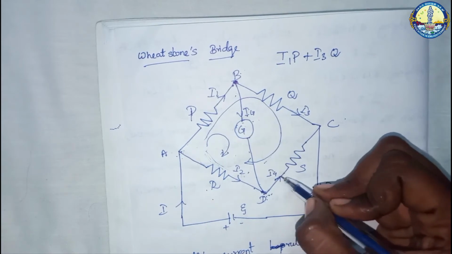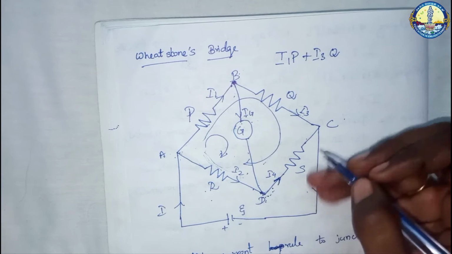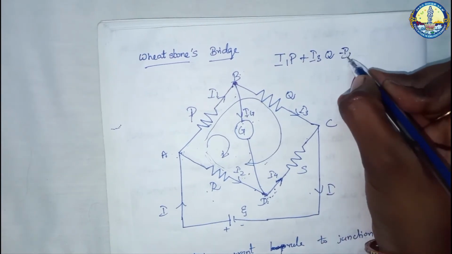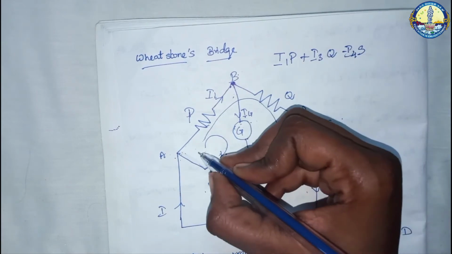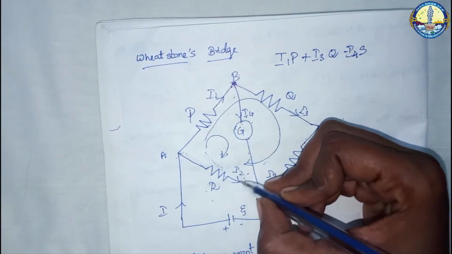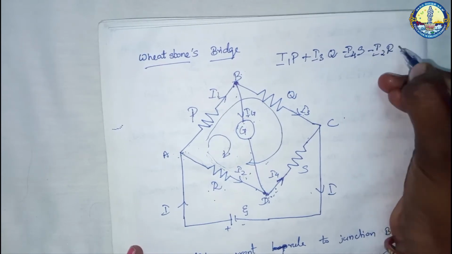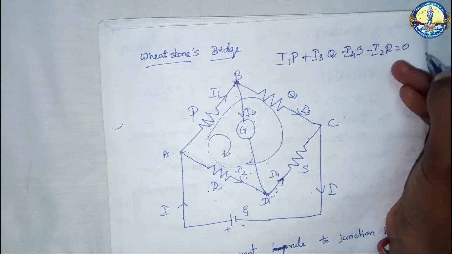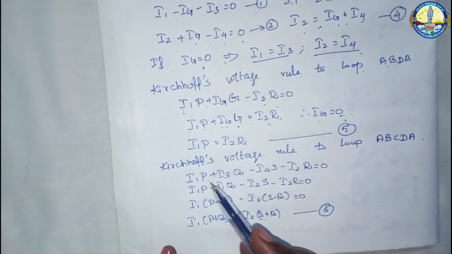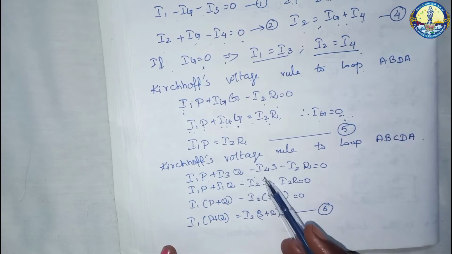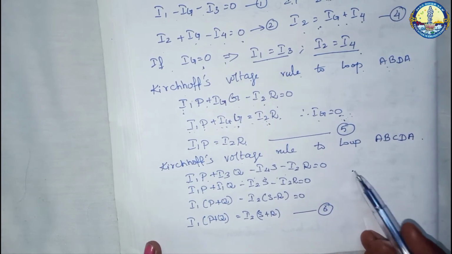But from C to D is the opposite direction, so minus I4 into S. Similarly, I2 is also in the opposite direction, so minus I2 into R is equal to 0. That is I1P plus I3Q minus I4S minus I2R is equal to 0.